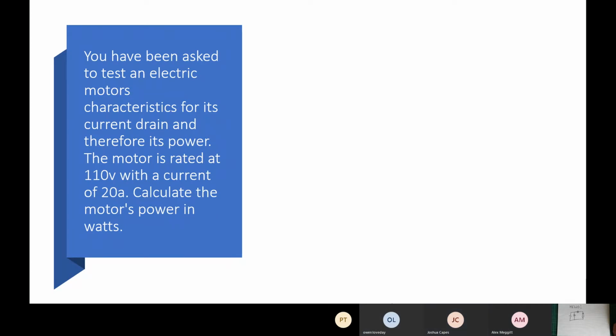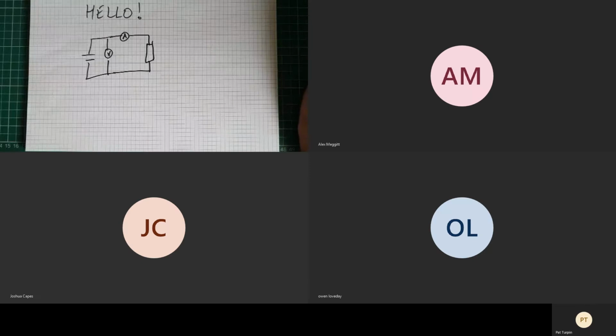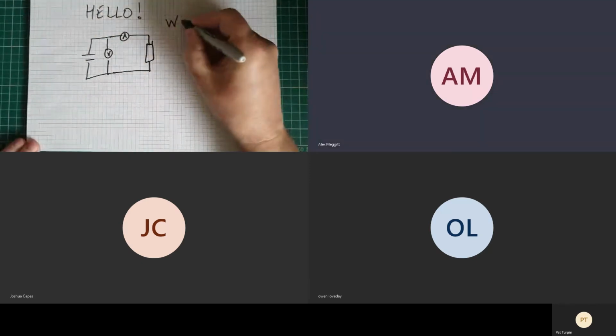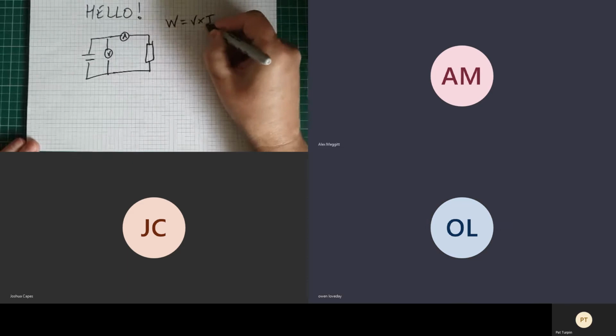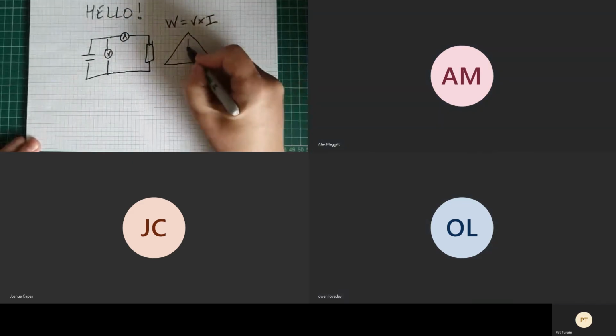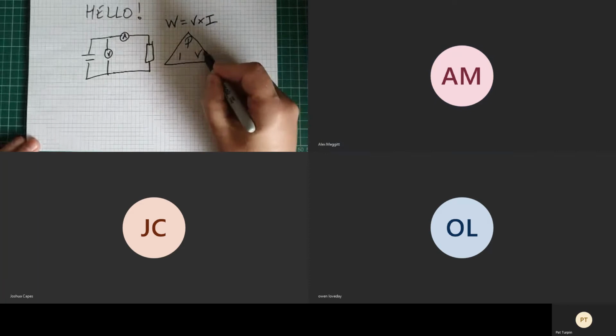In the triangle, sorry. No, I don't know. Current times voltage, innit? P at the top, I at the bottom left, and yeah. Or you might see it this way: P, I, V.